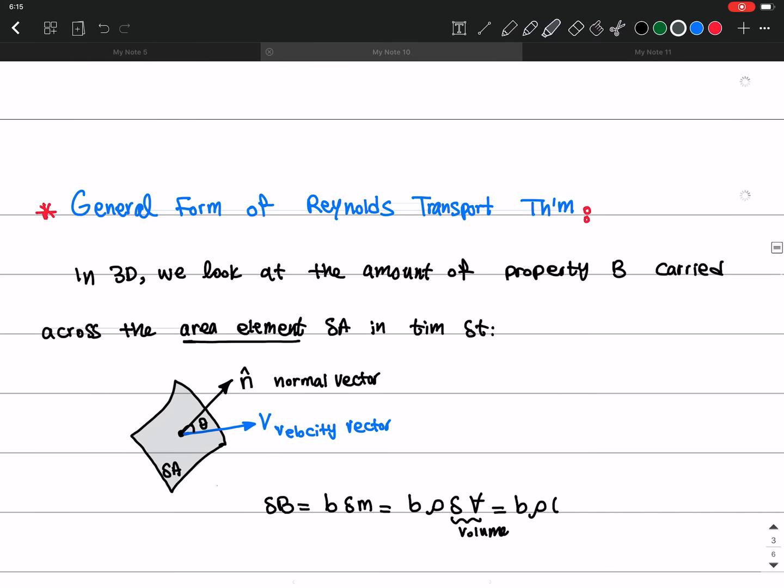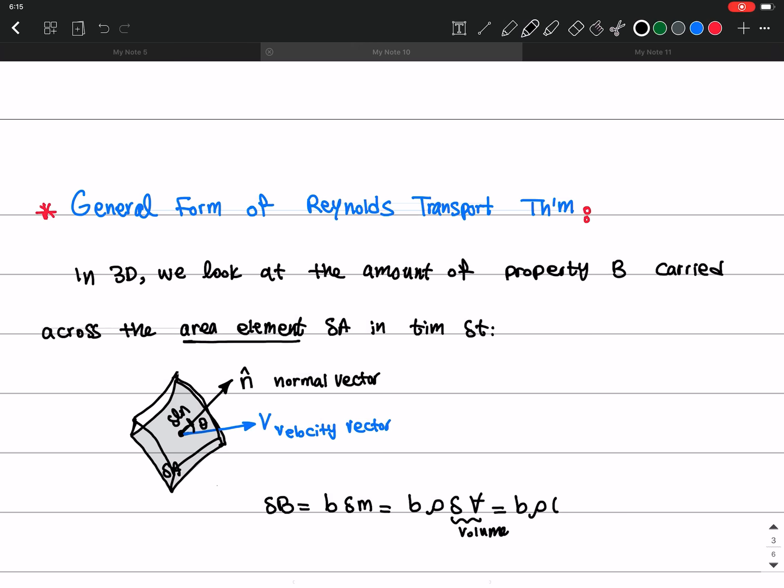So this delta A times delta Ln, which is the change in the fluid, but in the normal component, right? So how much you go, for example, in this direction. Say you go this much, this is going to be delta Ln, and then you multiply that by delta A, and you will get this volume here.